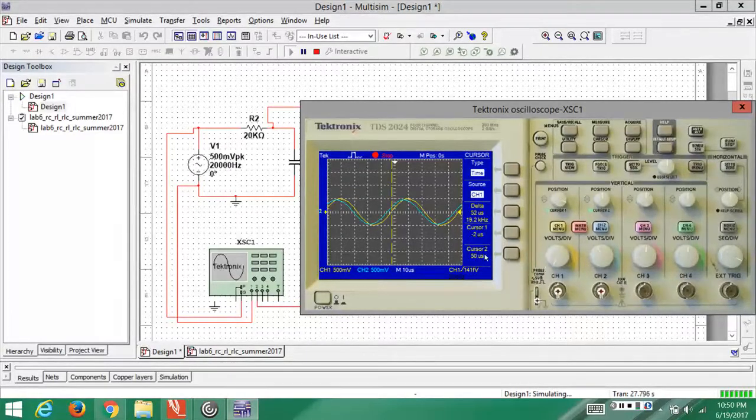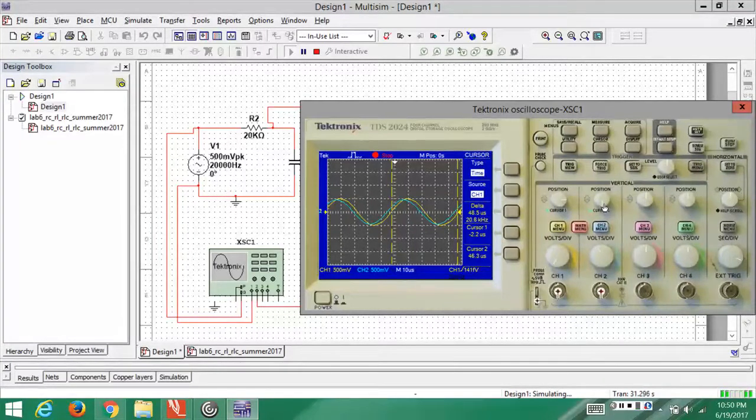So select cursor 2, first select it here from the menu, and then again use the vertical positioning knob to move it. As it turns out, for cursor 1 it is the vertical positioning knob of channel 1, and for cursor 2 it is the vertical position knob for channel 2.